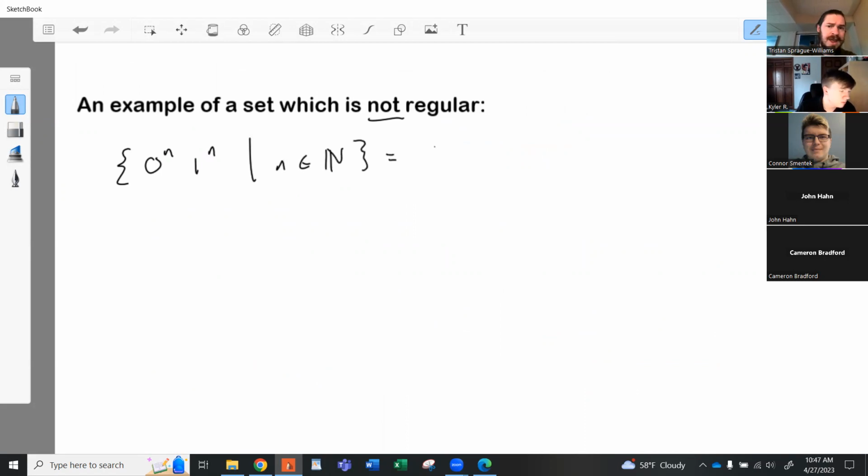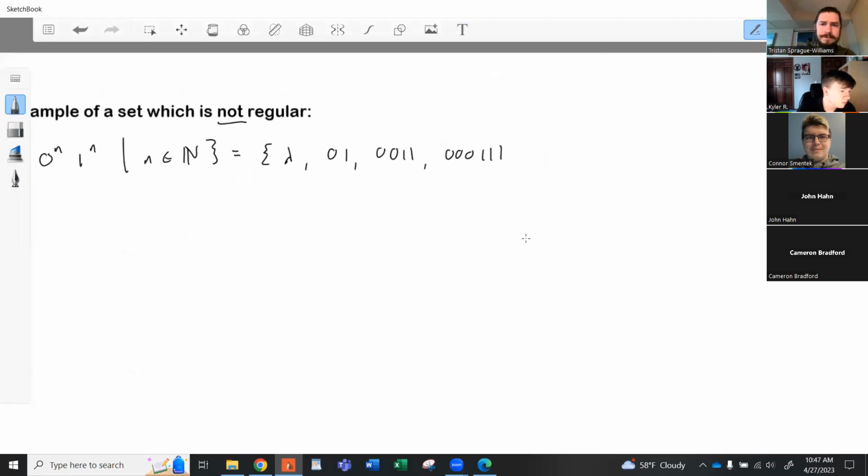So this set contains things like lambda, 01, 0011, 000111, and so on, 00001111, etc. It's important for the definition of this set that the number of zeros be equal to the number of ones.